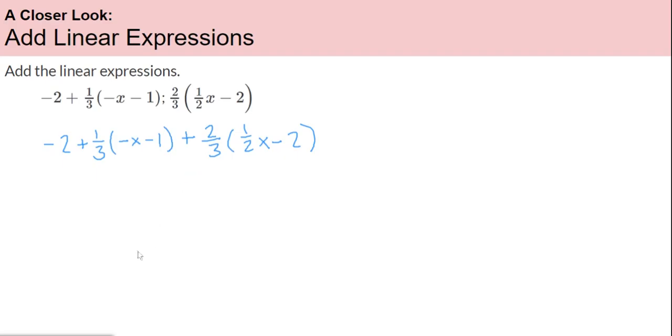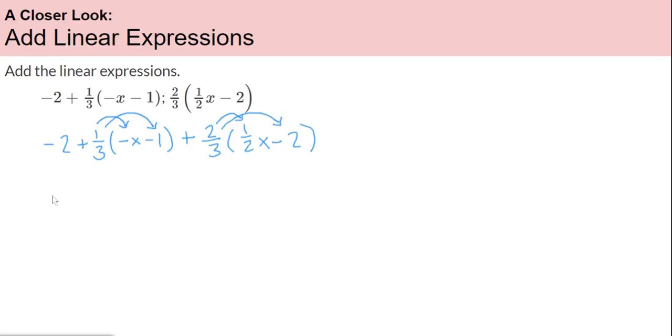All right, so what's the first thing we're going to do? We have to distribute. You can see we have two sets of distributive properties, right? We can multiply 1/3 times negative x, and then 1/3 times that 1. And then same thing here, 2/3 times 1/2 x, and then 2/3 times the 2 there.